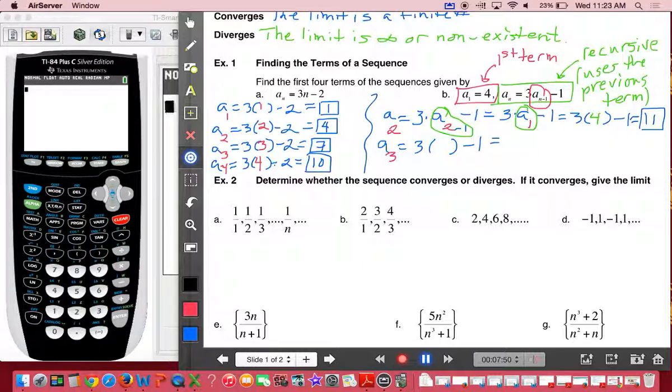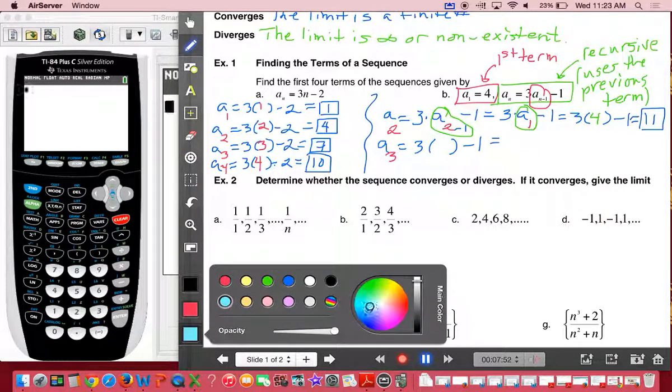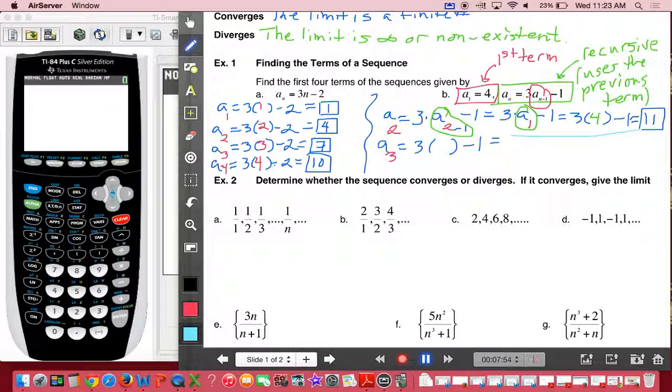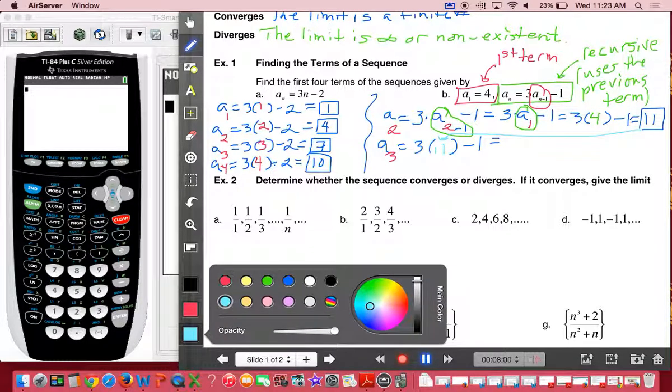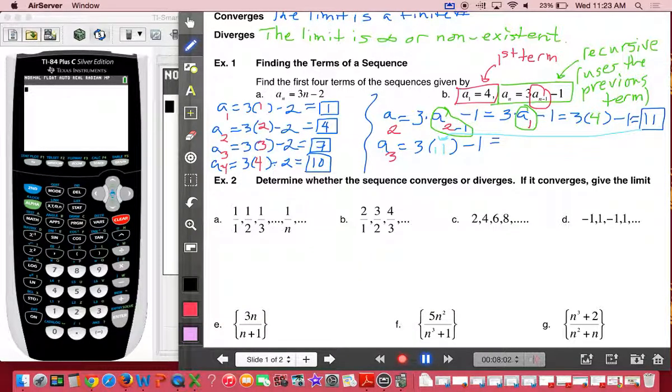So we're going to take that 11 and put it in here. That previous term, 11, gets substituted in. So what's 3 times 11 minus 1?